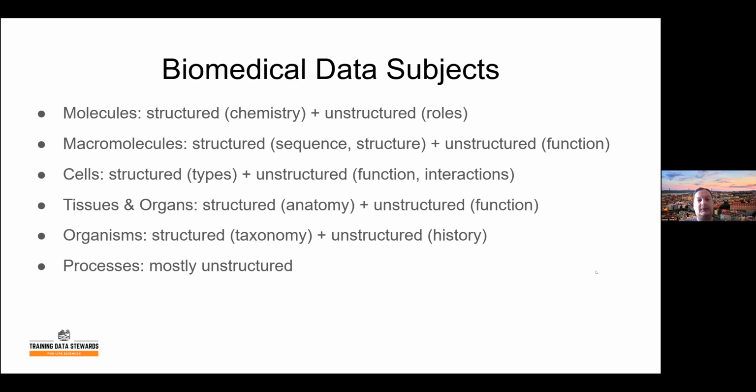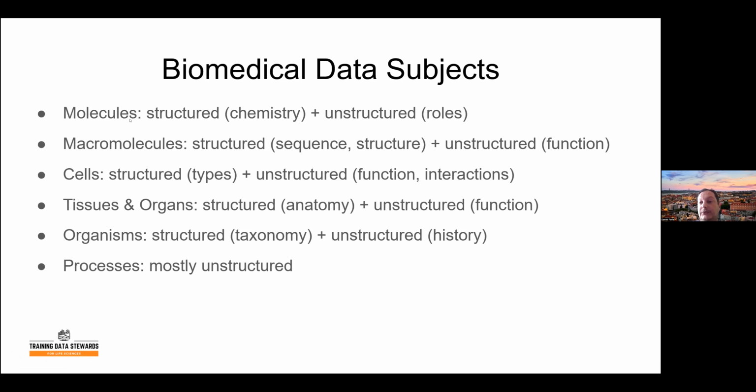And when we think about biomedical data, we have the problem also that there is a whole range of data subjects. Biomedical experiments go from the molecular level up to the organismal level, and they usually focus on processes. And so in many cases, inherently, there is structured data, but also unstructured data related to these data subjects.